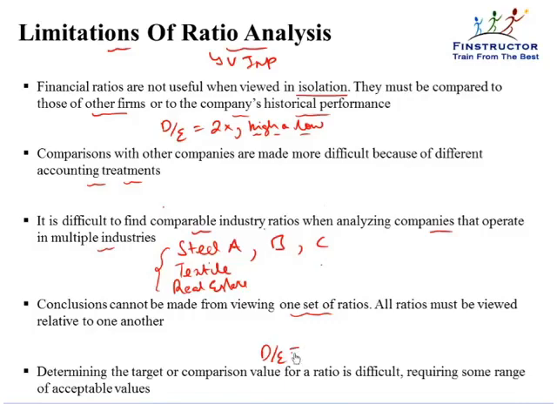So oftentimes, getting an exact value for the debt equity ratio as acceptable will be difficult. So we would work with some range of acceptable values. So we'll say that between 1.75 to 2.25 is an acceptable debt equity ratio. Below this is too low or above this is too high, so on and so forth.